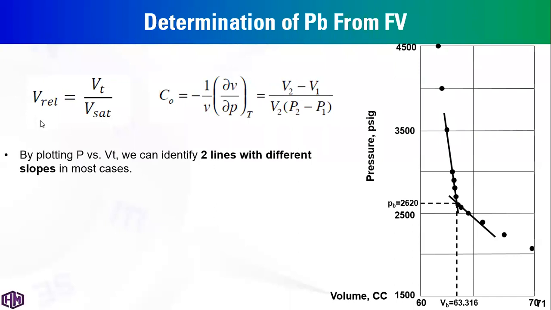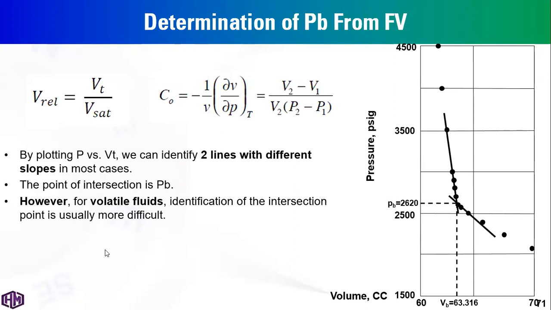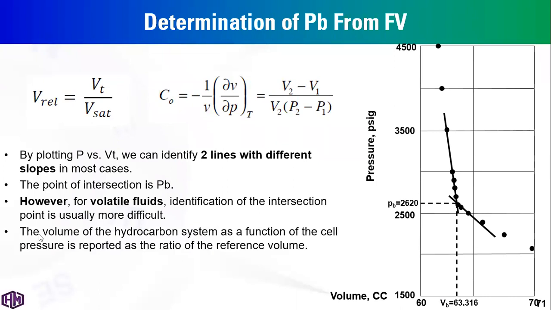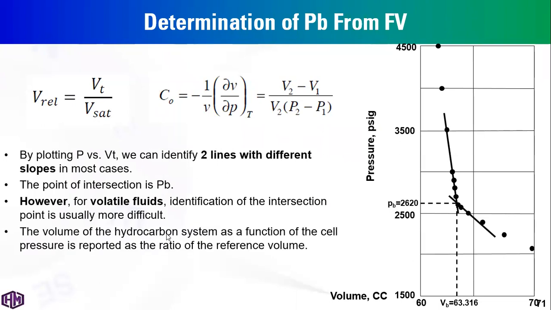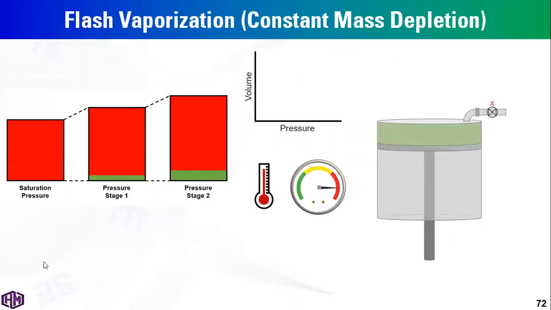So using VR, the relative volume, we can actually calculate the oil compressibility using this equation, and we can also identify the bubble point pressure for the PVT system. In this animation, as you can see, the process is simplified.